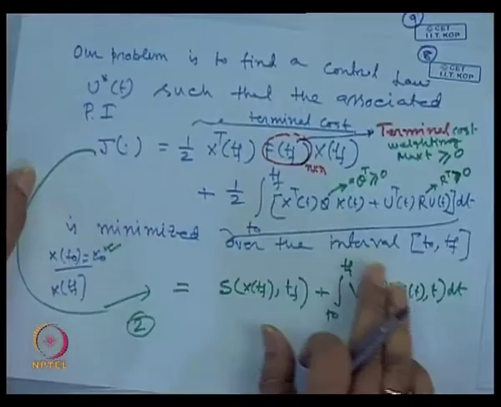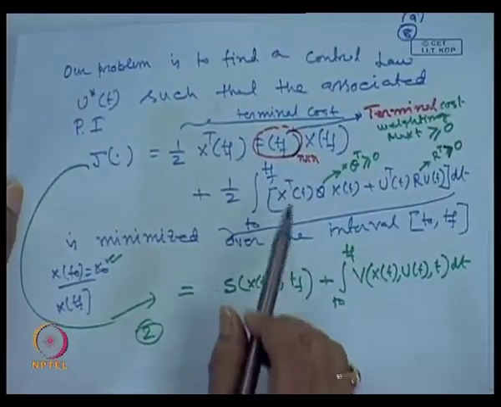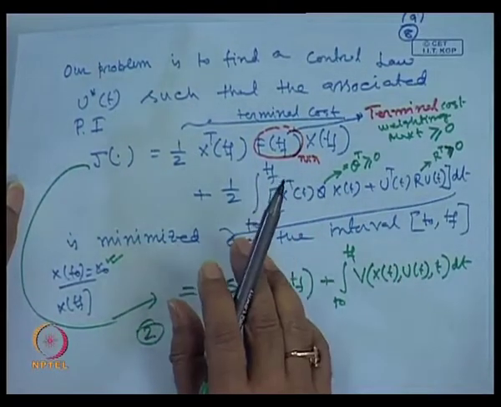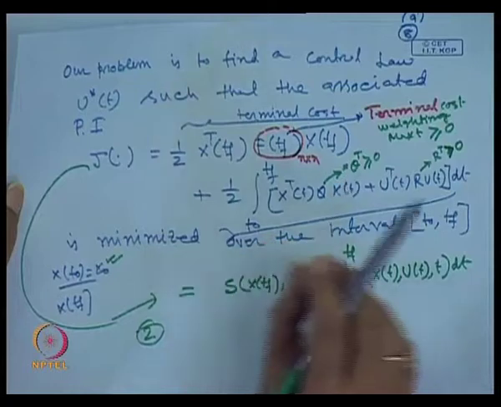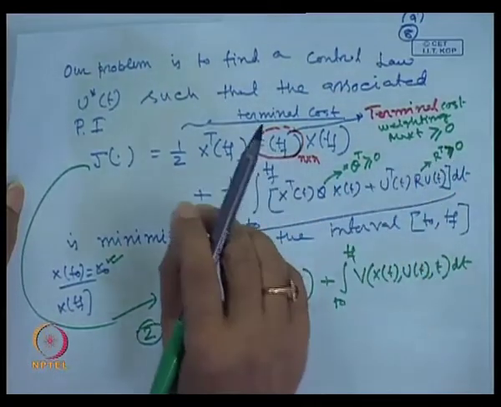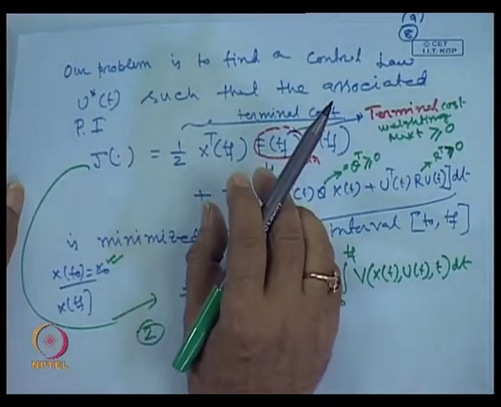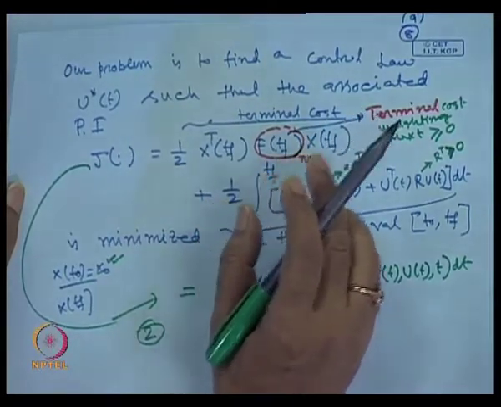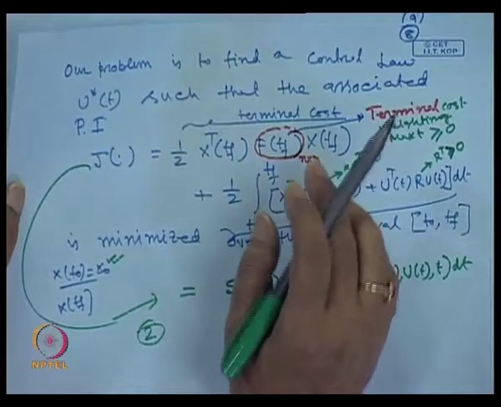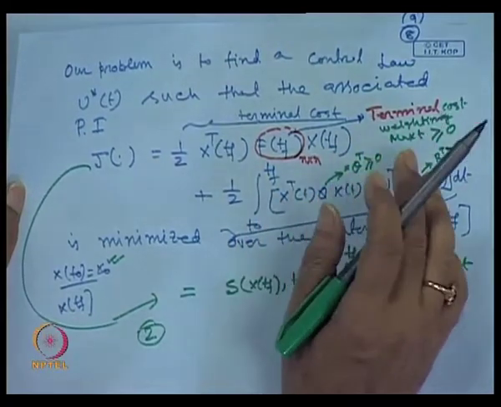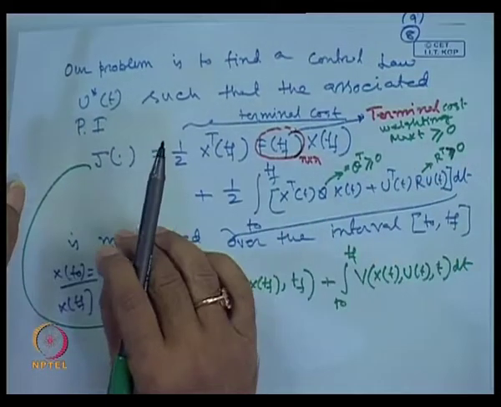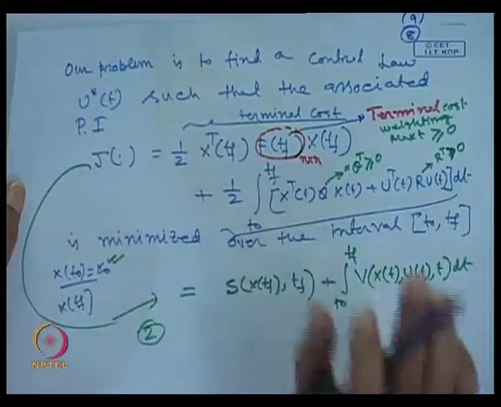Our problem is to find the control law u(t) such that, with the application of this control law, our original state will be driven at time t = tf to x(tf), which is near to the origin. Not only this, it will satisfy our original system dynamic equations.